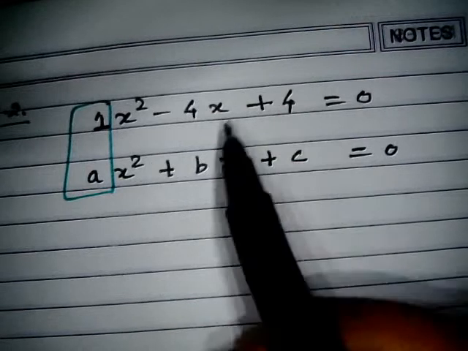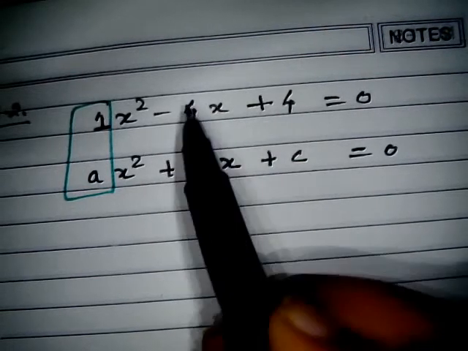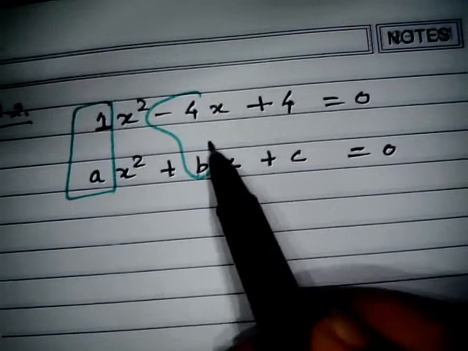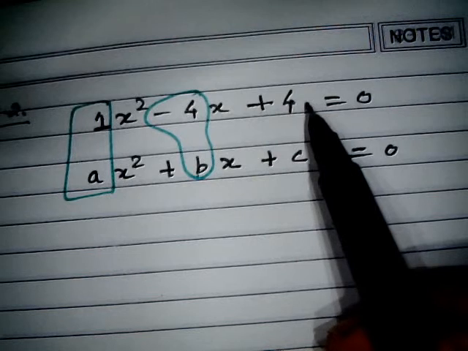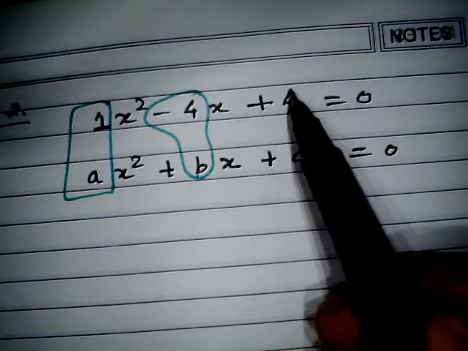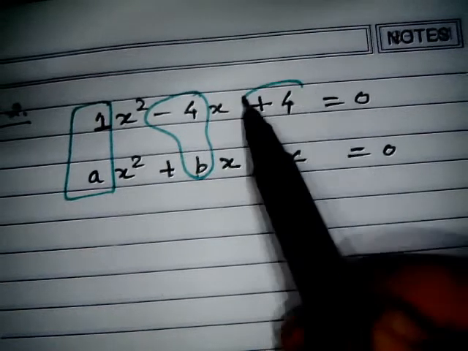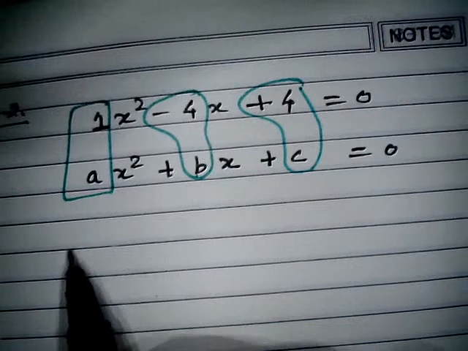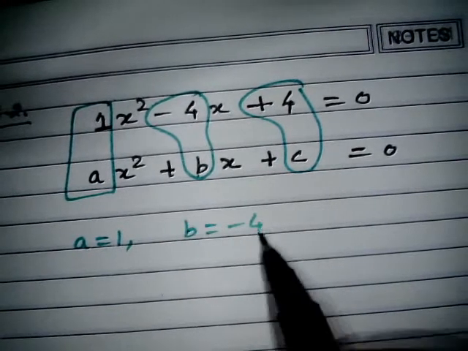Here before x is negative 4 and here before x is b, so the b value is going to be negative 4. Okay, the constant which is free from the variable, here you can't see the variable x, so this part is called constant. Here the constant value is 4 and here the constant is c, so c value is going to be 4. Okay, so a is 1, b is negative 4 and c is equal to 4.